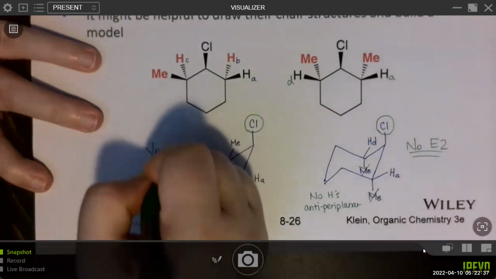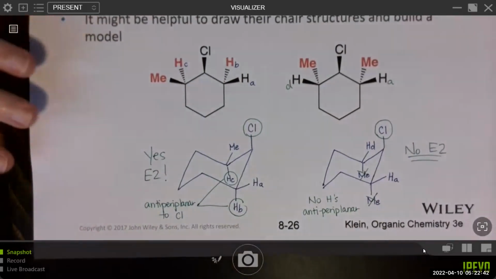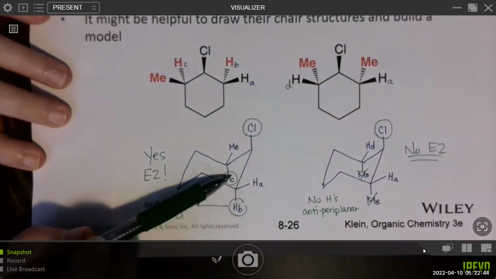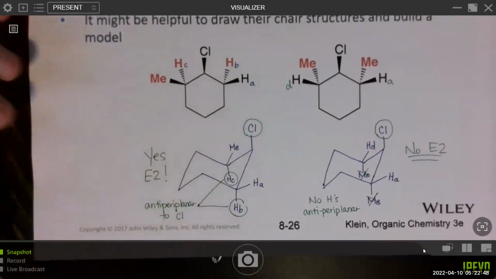Whereas, yes, we can do an E2 over here due to the requirement of a hydrogen and the carbons and the chlorine all being in the same plane during the reaction.